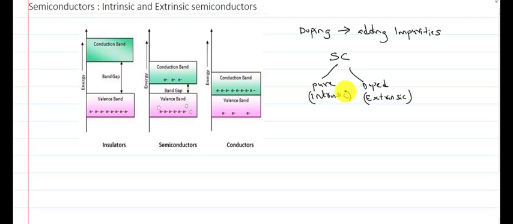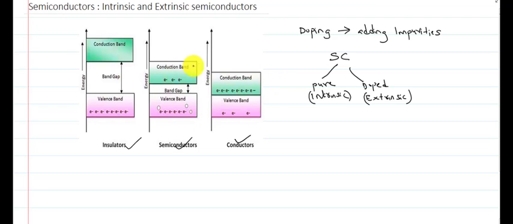Actually we can classify solids as insulators, semiconductors and conductors. We are dealing here only with semiconductors. If we consider an insulator, semiconductor or conductor, there will be a conduction band and a valence band.